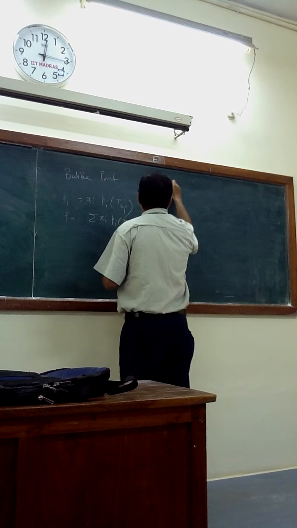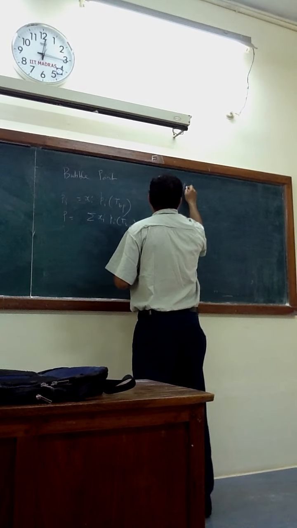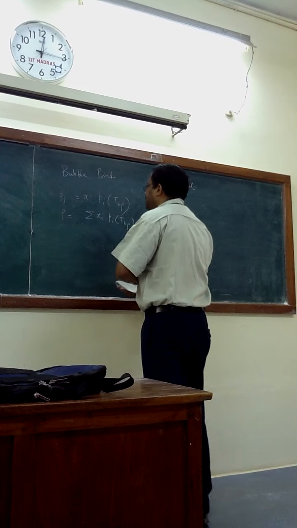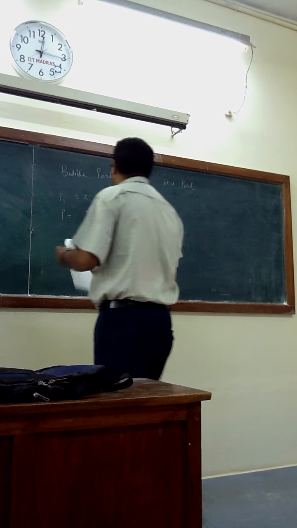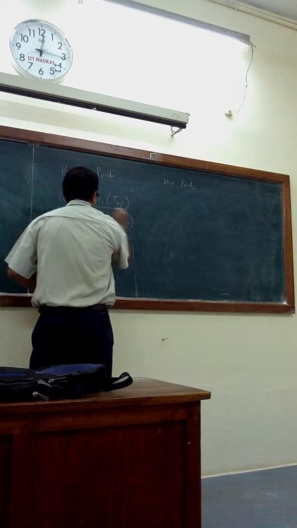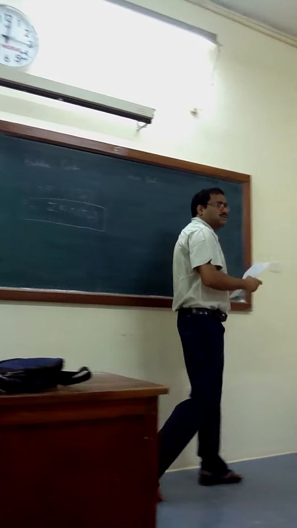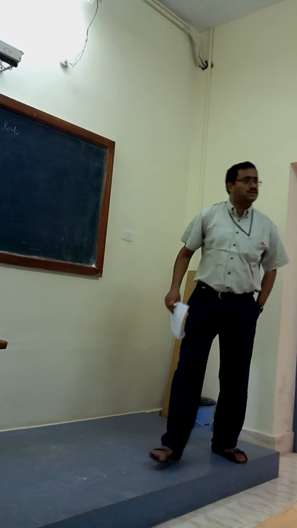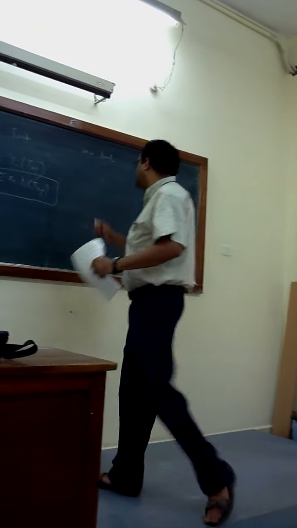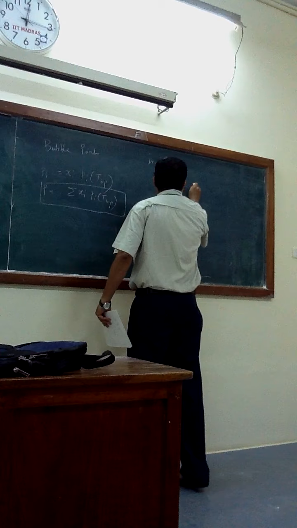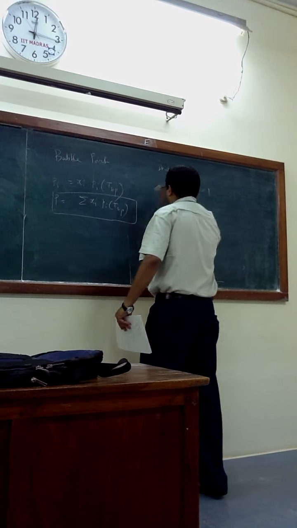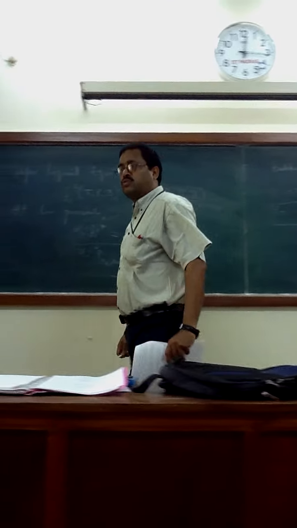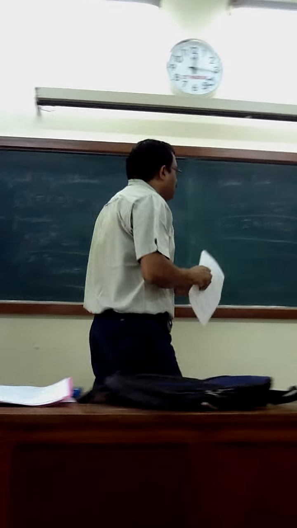For the dew point calculation, the basic equation is 1 over the summation of x_i equals 1, with i from 1 to C. What is given for the dew point?